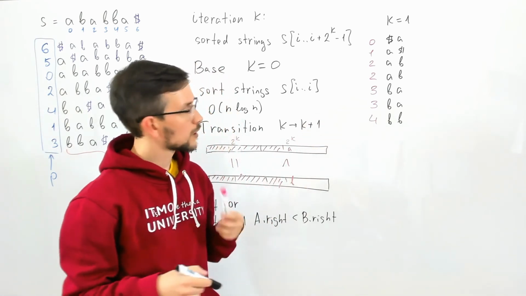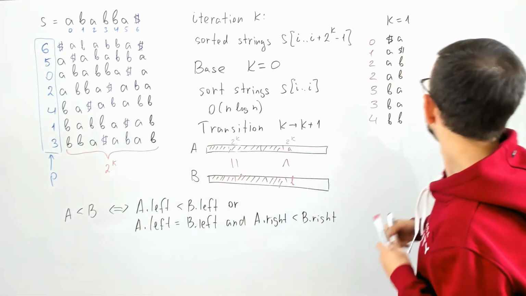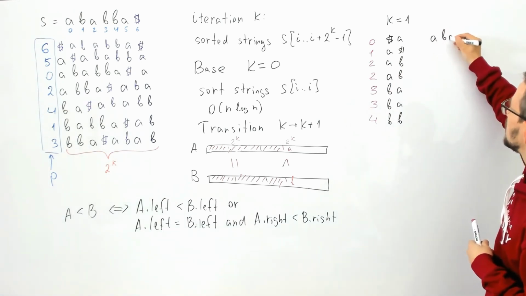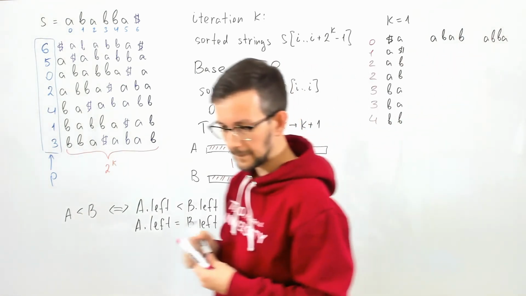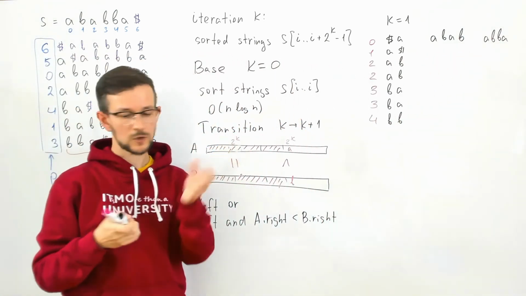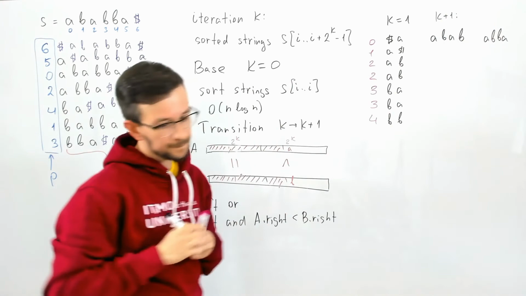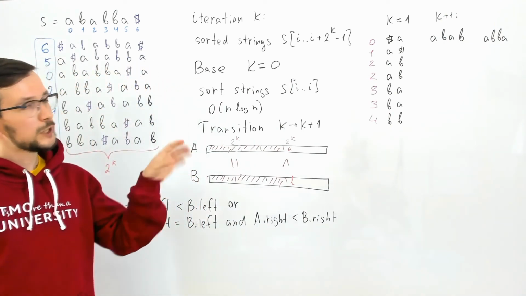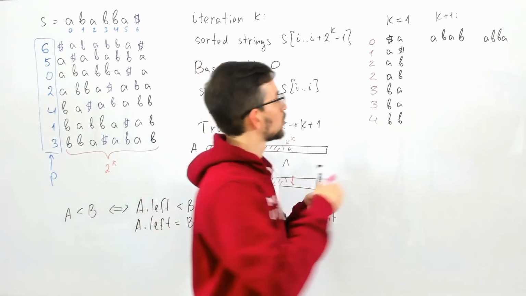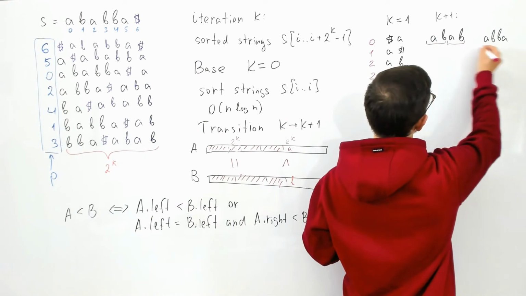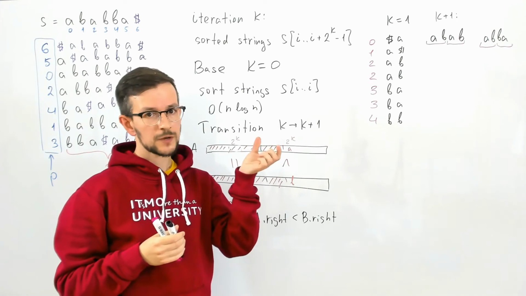Now, if we need to compare two strings, let's say we have the string AB, AB, and the string AB, BA. So we have two strings of length 2^(k+1), so of length 4, and we need to compare these two strings. What do we do? We split each string into two parts, so we have this part and this part. And now we replace each part with the corresponding integer.